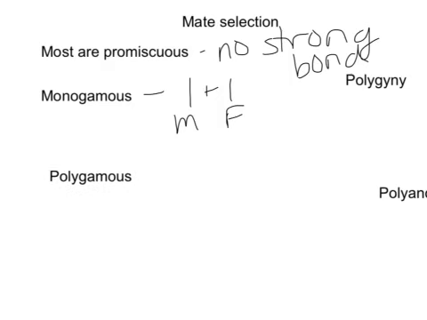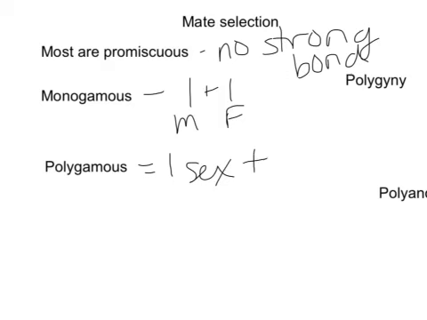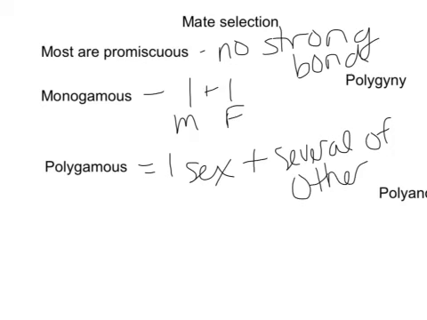There's a couple different kinds of polygamous. Polygamous is that you've got one individual of one particular sex plus multiples or several of the other gender. There are 2 types of polygamy, and we've got what's called polygyny as the first one.